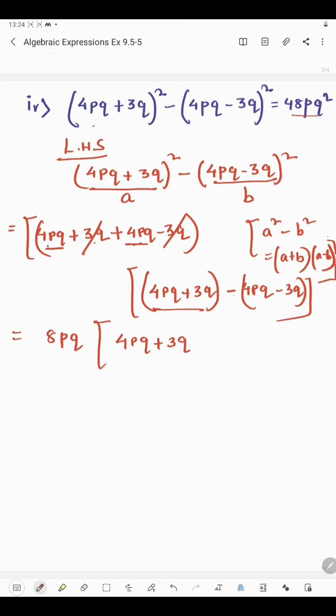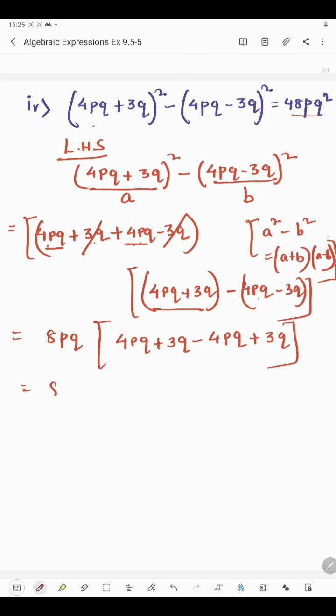We'll just multiply minus sign with this term. So here with 4pq plus sign is given, so plus into minus, it's minus 4pq. Now this minus and this minus will become plus, right? So we'll write plus 3q. Minus 4pq and minus minus plus 3q.